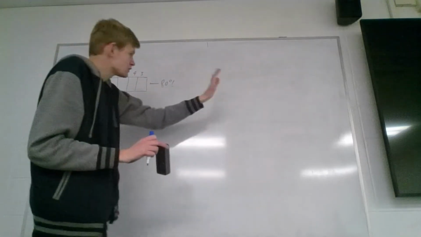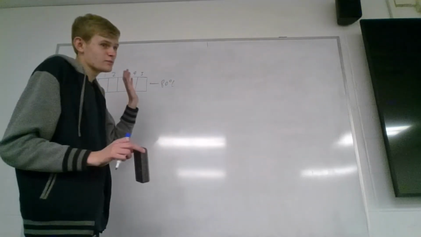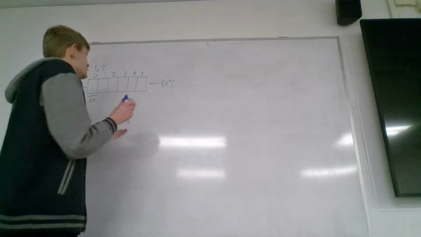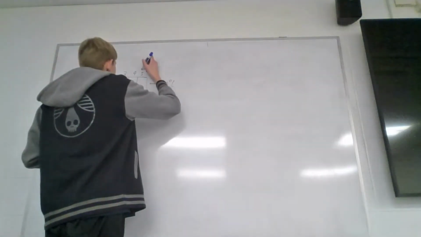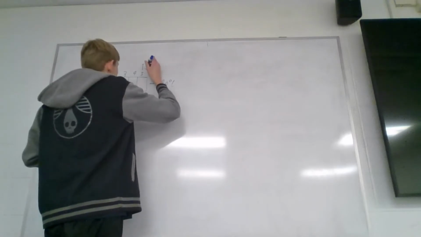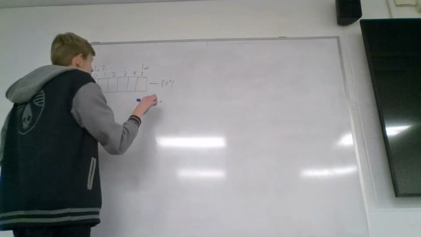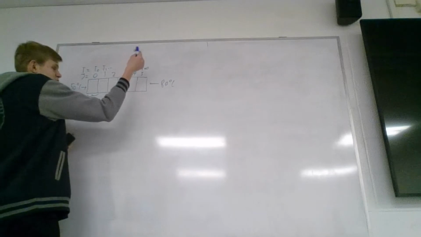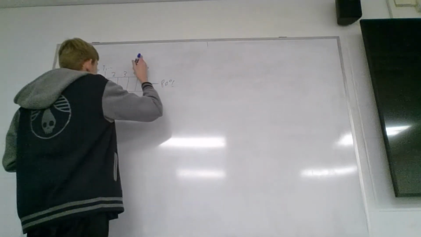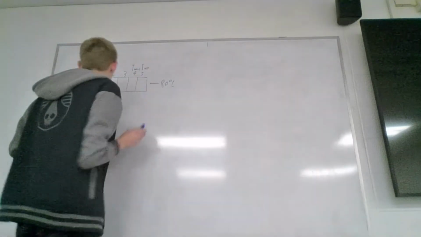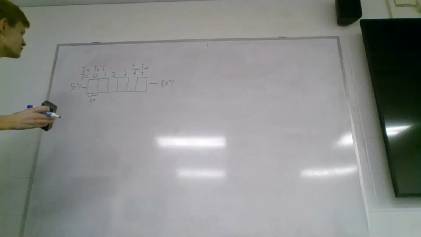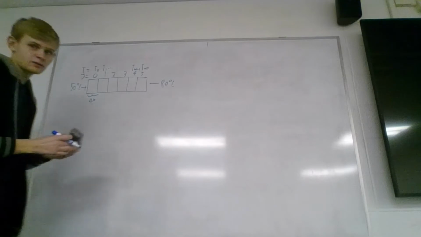If this thing was longer, then we would have to express this as T infinity, or our bulk fluid, and then the position left of T infinity is going to be T infinity minus 1. And with this value, we can then start to set up our matrix.